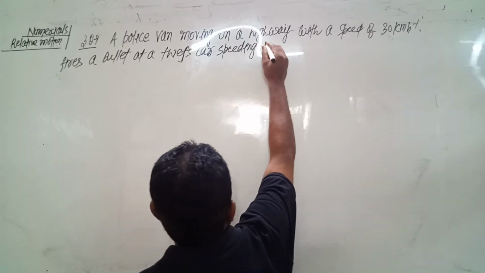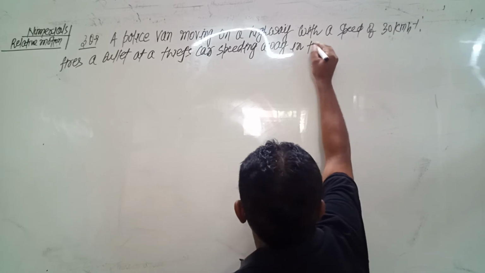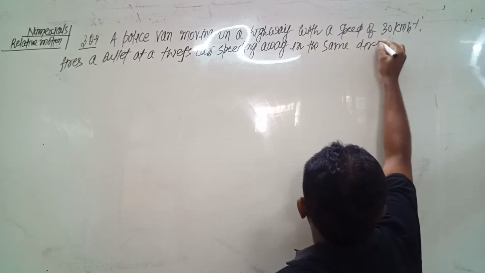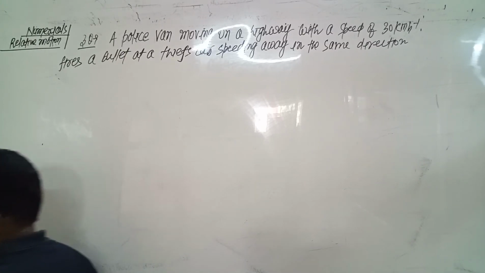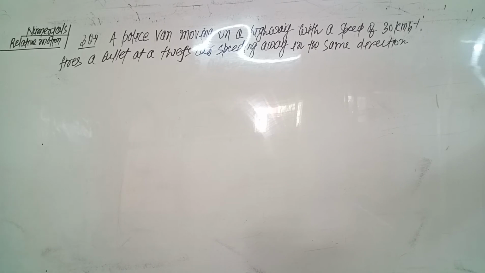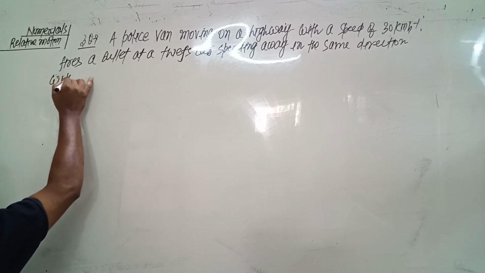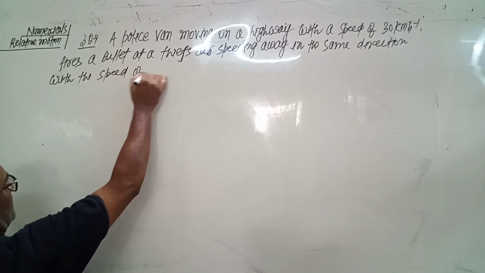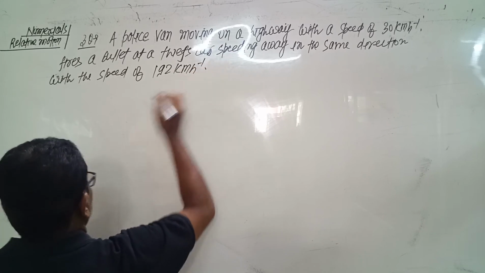Thief's car is speeding away in the same direction with a speed of 192 km per hour.